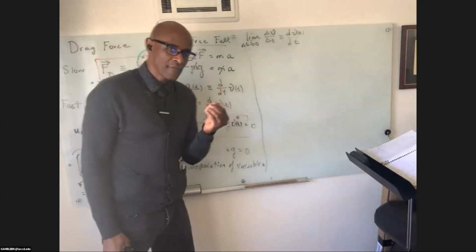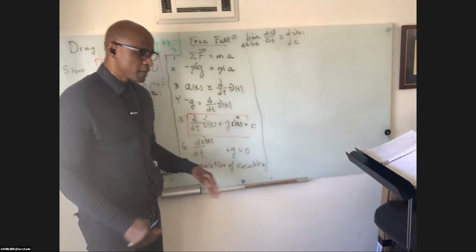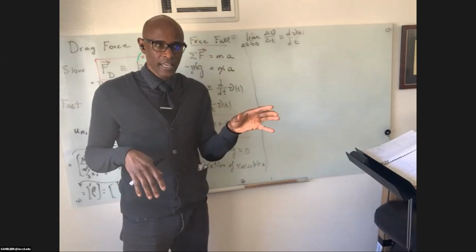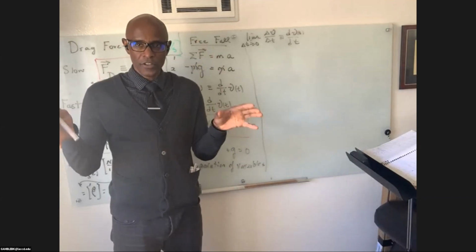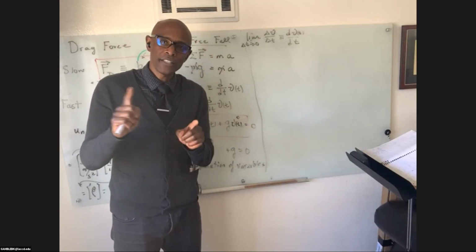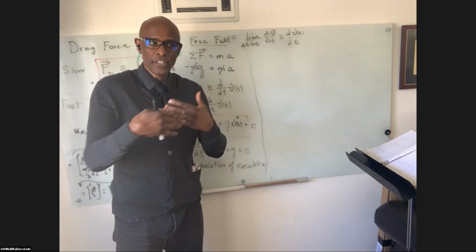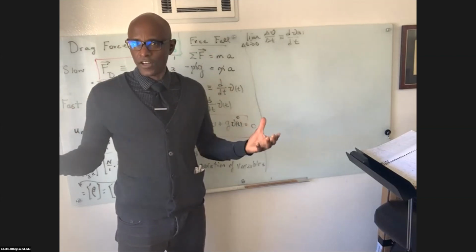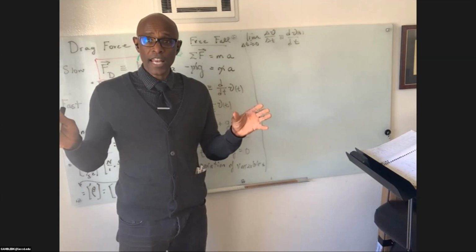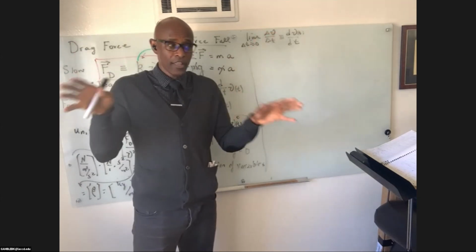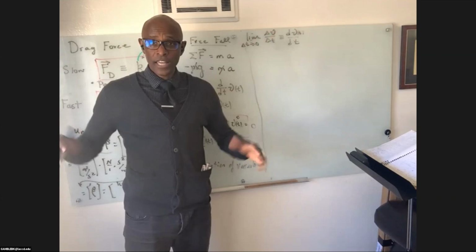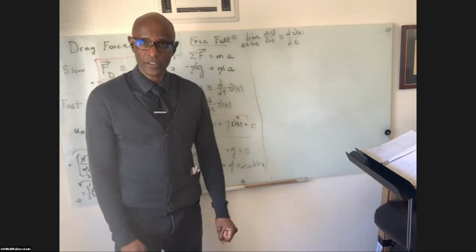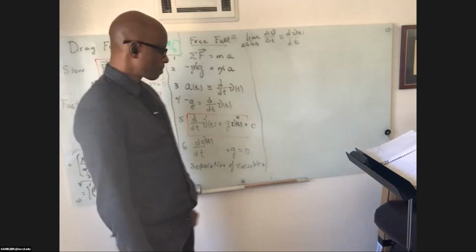So separation of variables means that I want to get one variable on one side and the other variable on the other side. And any quantity that is inherently associated with a different variable, put it on the side of that variable. Once I do that, I have essentially two integrals on either side that I can solve, and then that gives me the equation of motion. That's what separation of variables is, okay?